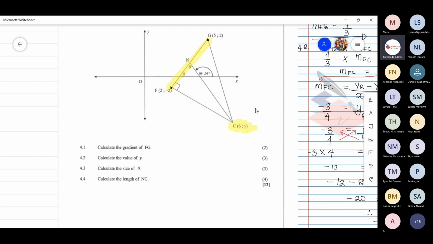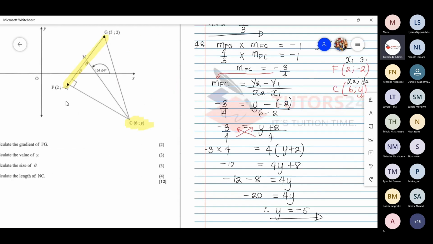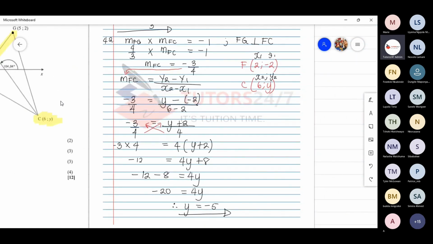So all I did was I used my properties of perpendicular lines, which states that when two lines are perpendicular to one another, you can calculate the gradient of one of the lines by using the formula, the product of the two lines is equal to -1.